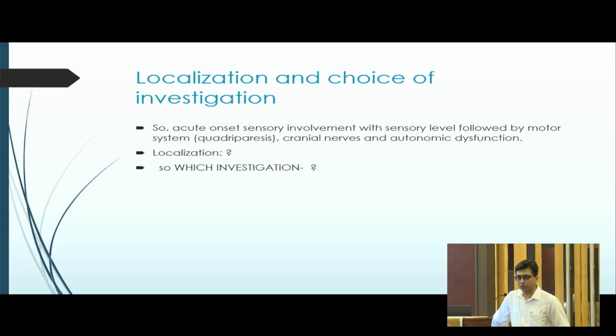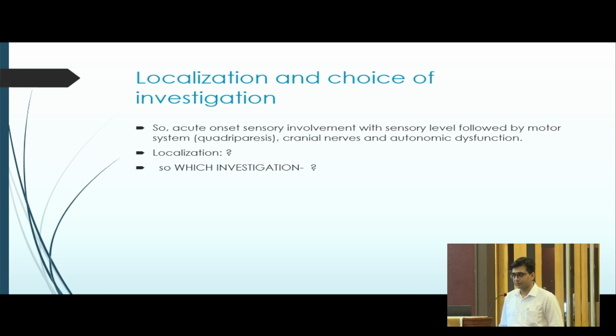The patient has acute onset sensory involvement, followed by motor system involvement in the form of quadriparesis, lower limbs more involved, and autonomic dysfunction in the form of bowel and bladder involvement over 3 days, after a post-febrile illness. So now the localization based on the examination. Which structures are affected?